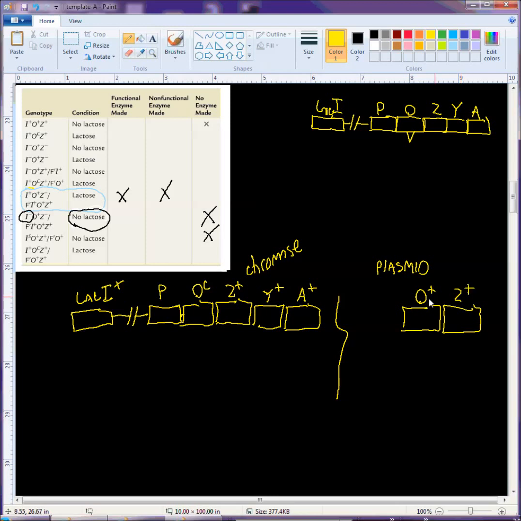And I'm going to put P in here, the promoter too. So let's put the binding sites in for the repressor, only over here, not over here, because this is the constitutive mutation where the DNA sequence for lac I binding is mutated. Okay, so this is making a repressor, normal repressor. No repressor from the plasmid.